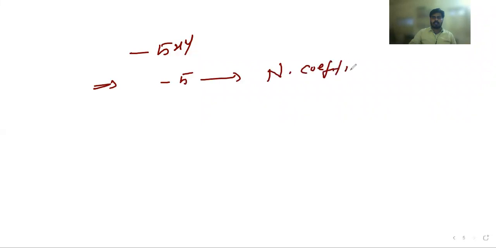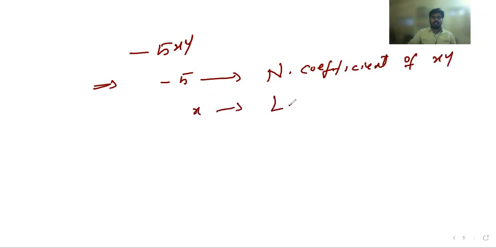Suppose you take minus 5xy. So what is the coefficient of xy? Madam, you can unmute. So minus 5xy: minus 5 is the numerical coefficient of xy.